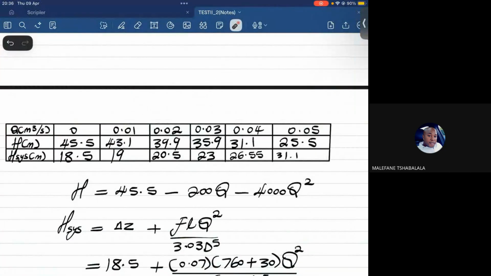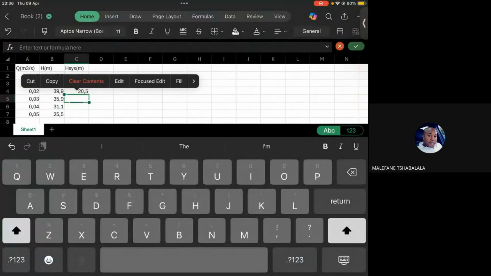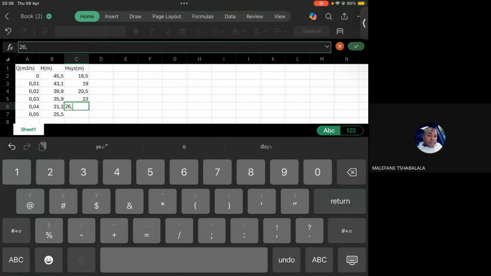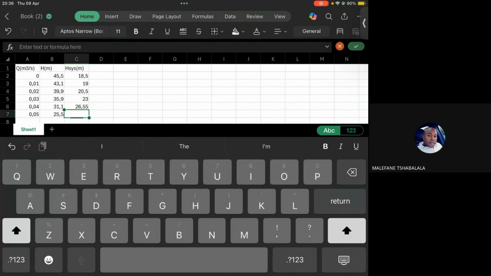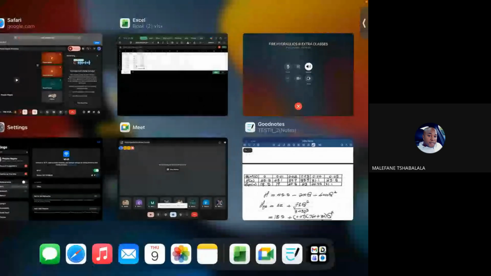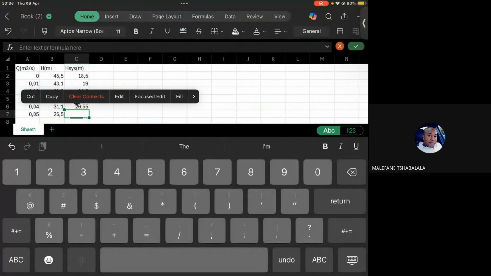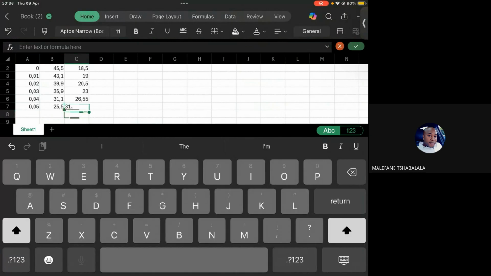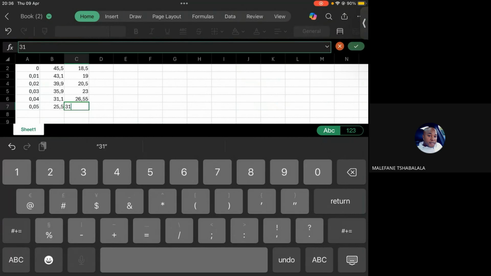And then after 20.5, we'll have 23 and 26.55. 23, then 26.55. Then lastly, we'll have 31.1. Sorry, 31.1, then enter.